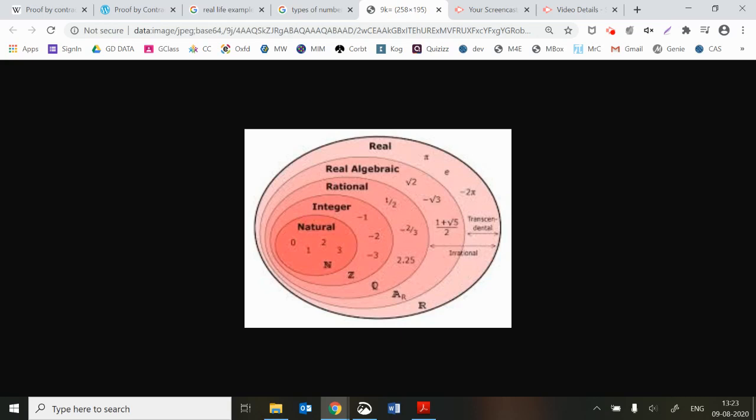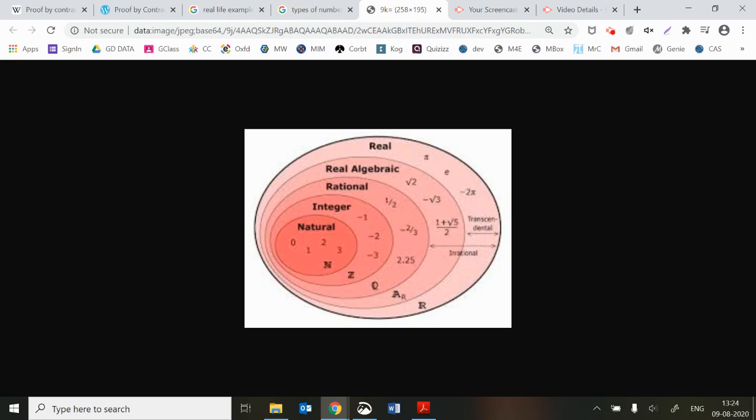Then we extend to our negative numbers, and we get integers. Then we extend to our fractions. And of course, fractions do include our integers as well, because obviously 2 can be written as a fraction, 2 over 1. But then we get our rational numbers, which include all integers, but then are essentially positive and negative fractions.